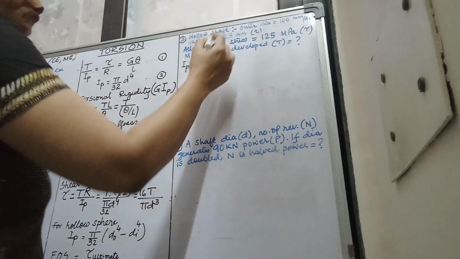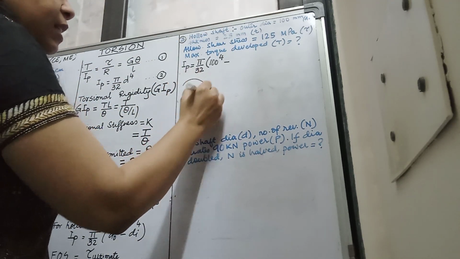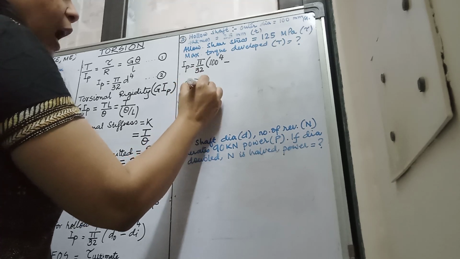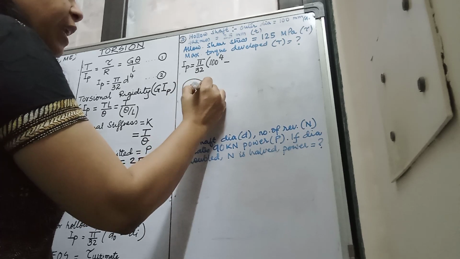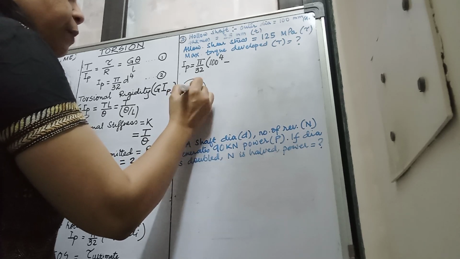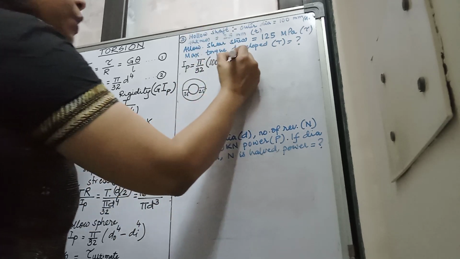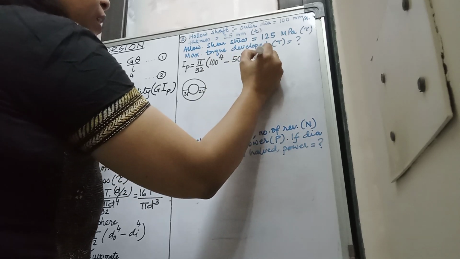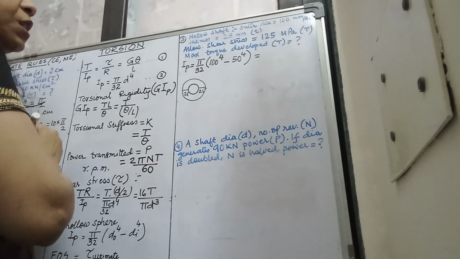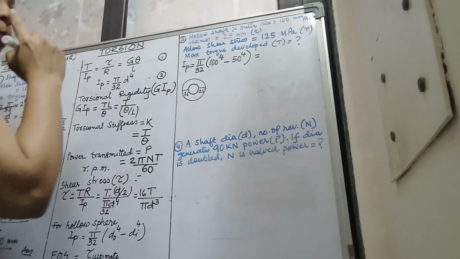How much will the inner diameter be? See, 25 is the thickness of this hollow shaft. Outer diameter is this, 25 is the thickness, means this is 25, this is 25. So inner will be 50 less, so inner will be 50. 100 minus 50, 50. Is it okay? So IP is this much.